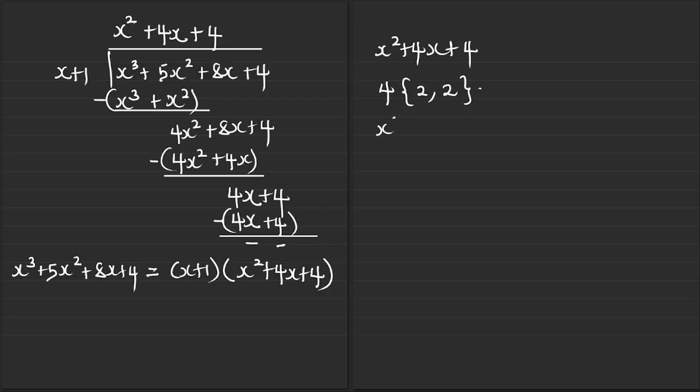Hence we have x squared plus 2x plus 2x plus 4, giving us an x into bracket x plus 2. And then we have 2 also over here, specifically a positive 2.